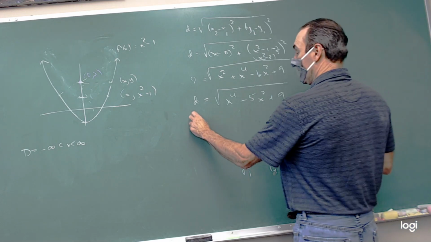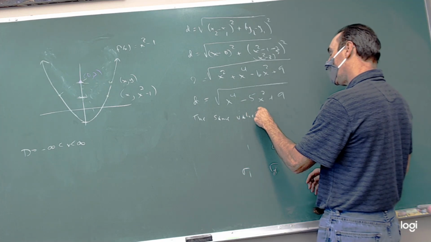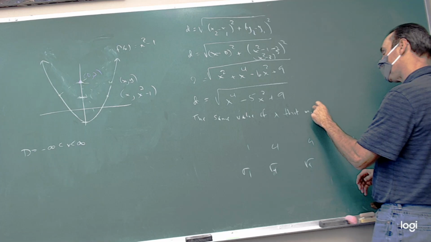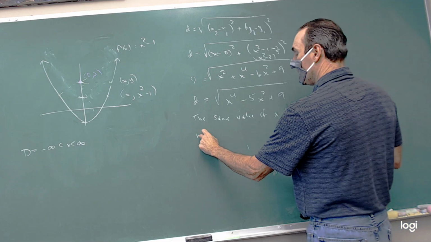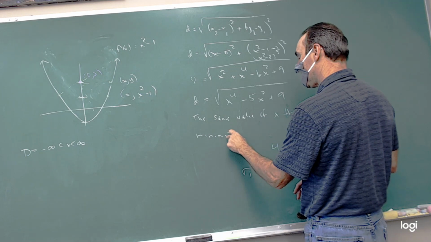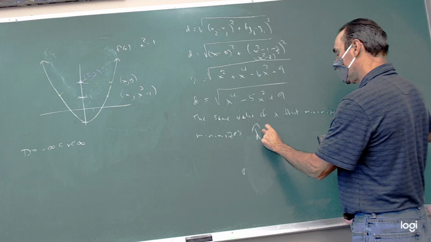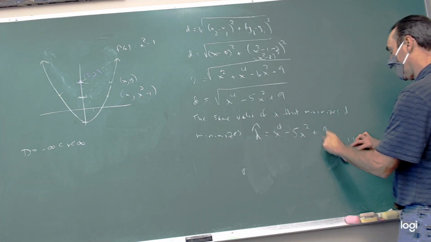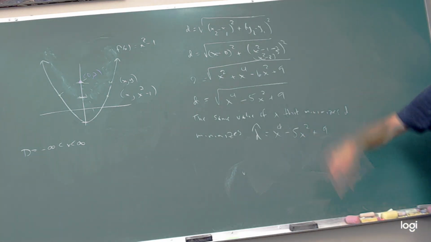So I'm going to say the same value of x that minimizes d minimizes, I'm going to call it d hat, without the radical. Okay? So now it frees me from having to take a derivative with that huge chain rule.